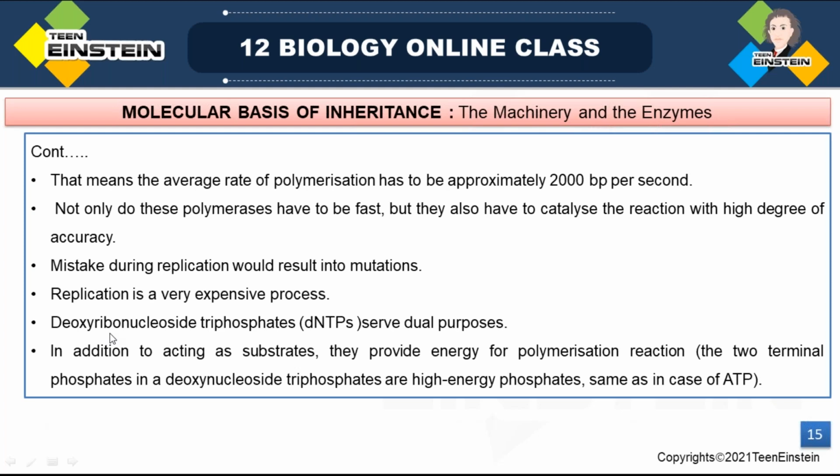So replication is a very expensive process. It's not a cheap process. Deoxyribonucleoside triphosphates, dNTPs, serve a dual purpose.